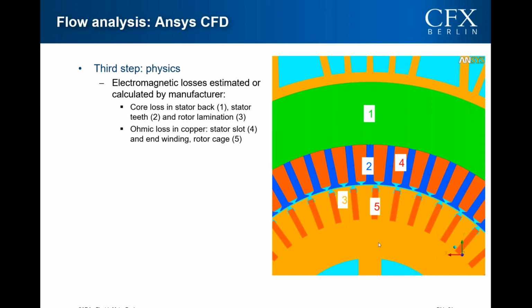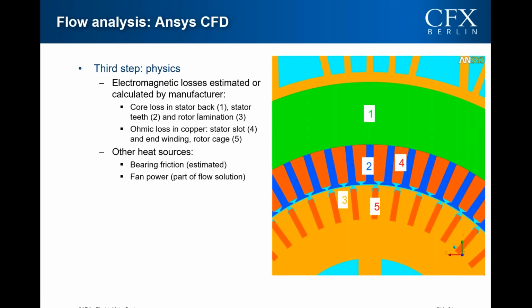Ohmic losses occur in the copper parts: stator slot and end winding, rotor cage. As you can see, we did not resolve each cable in the winding. Instead, we use a solid block with equivalent thermal properties.